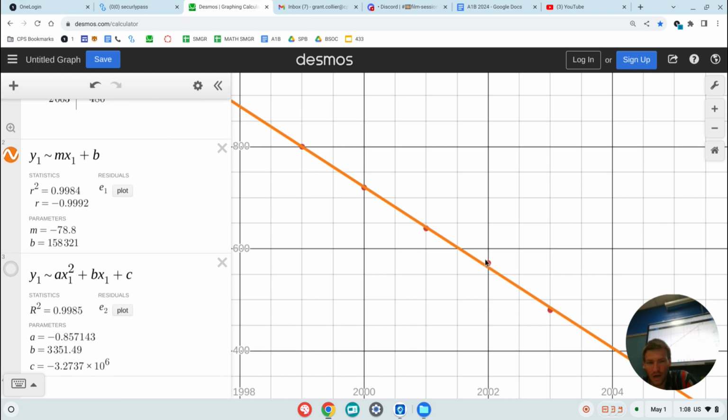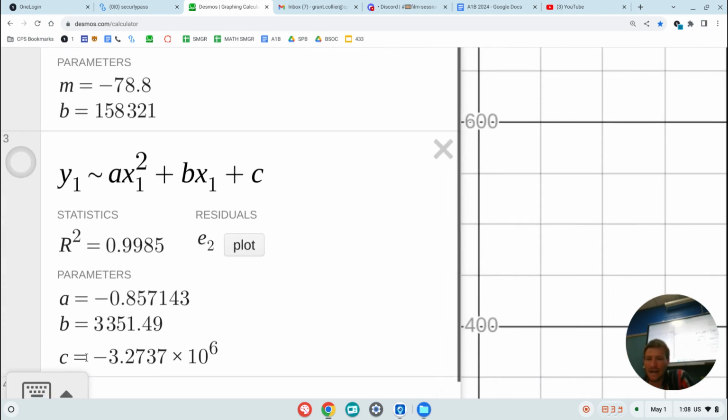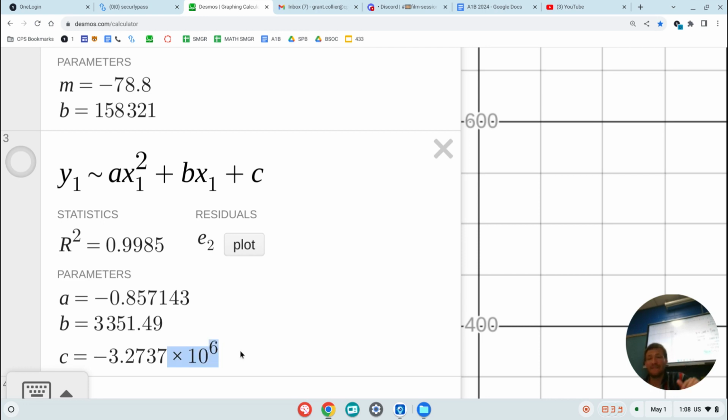I know this one dot is a little bit higher than usual. We don't need to do all this. Another good hint, if you look at the quadratic, you see where it says x 10 power 6? That is scientific notation, which you probably haven't even heard that word since middle school. We don't really want to do scientific notation.